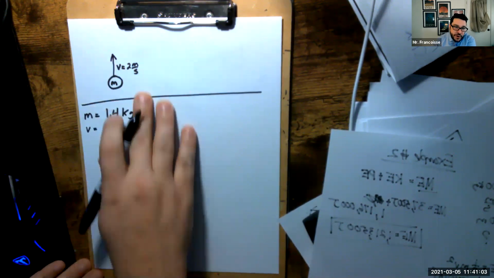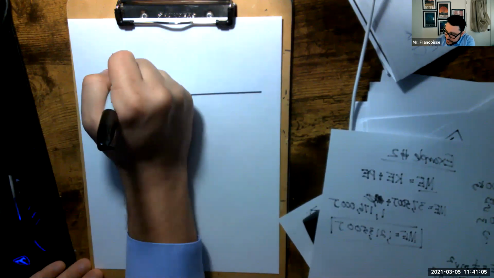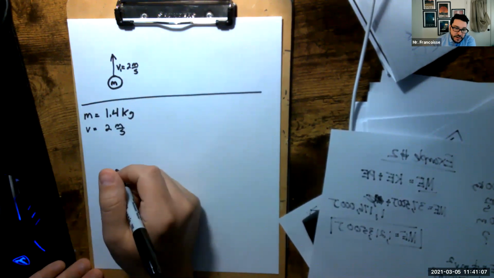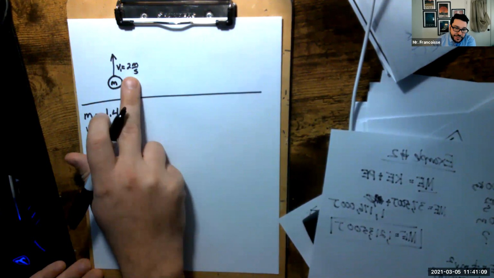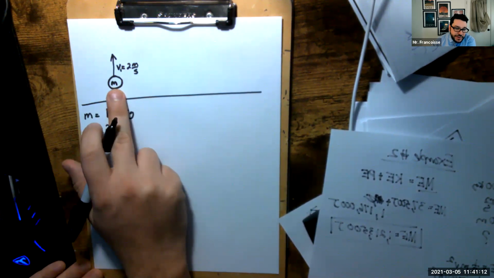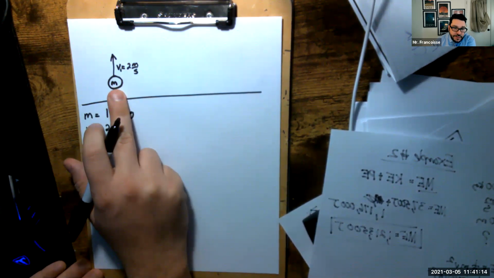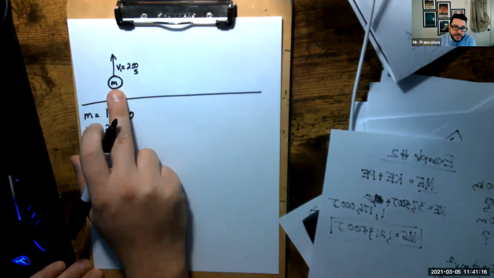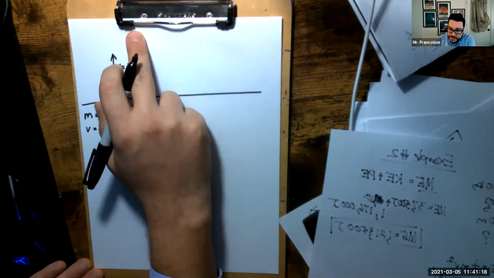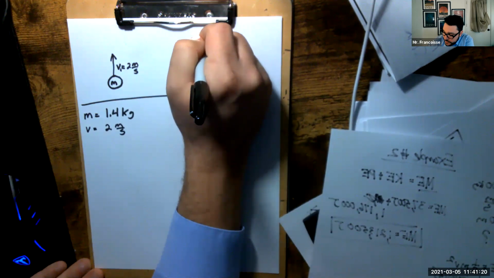So this is kind of our starting conditions. We could say that this is our initial velocity, and the mass isn't going to change. The ball is not going to get heavier or lighter. So this ball is going to continue to travel up, up, up until it reaches the top here.